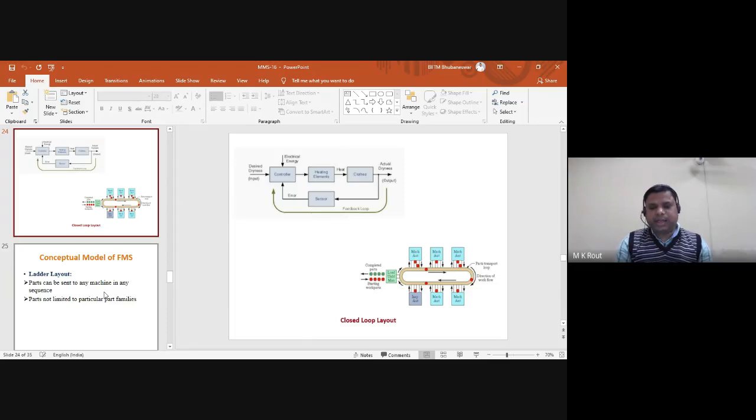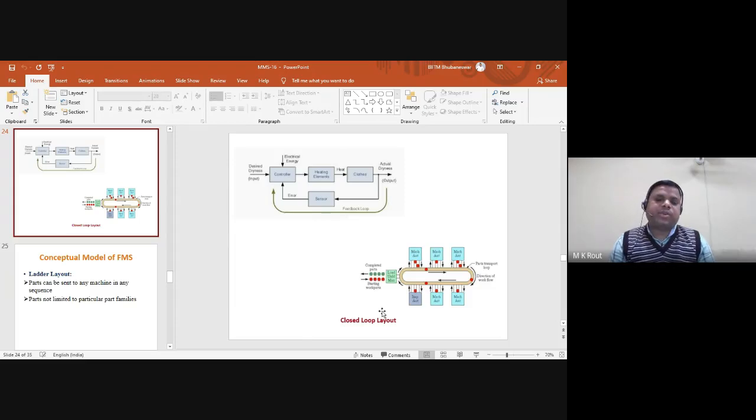Similarly, in the second figure, as you see, an automated guided vehicle is directly connected with 5 workstations. The machine loading and unloading station provides the raw material, starting from workstation number 1, 2, and simultaneously 3 and 4, and finally reaches the inspection machine.